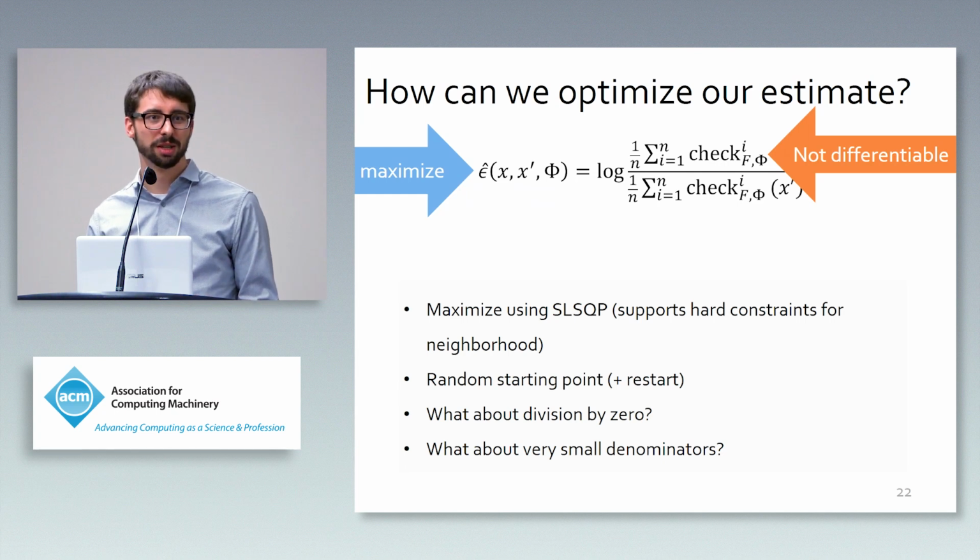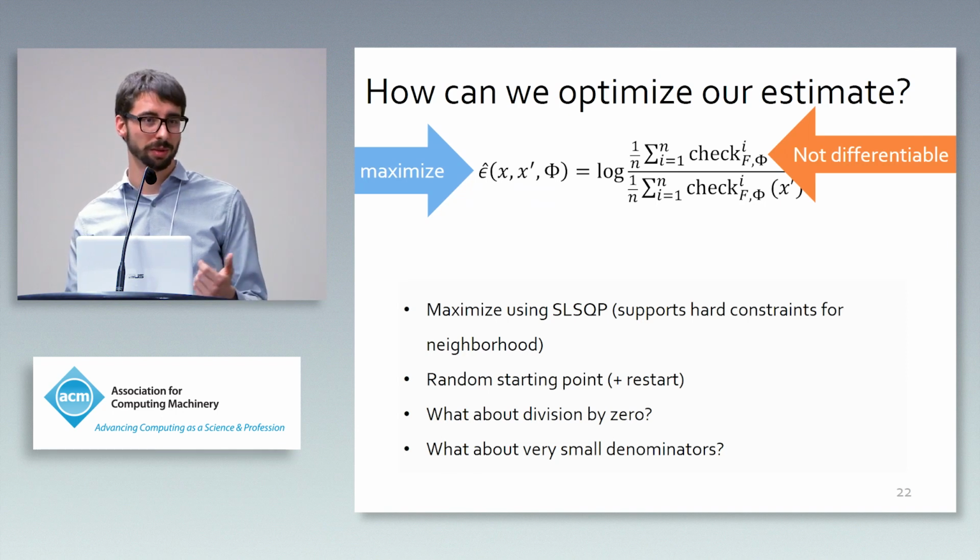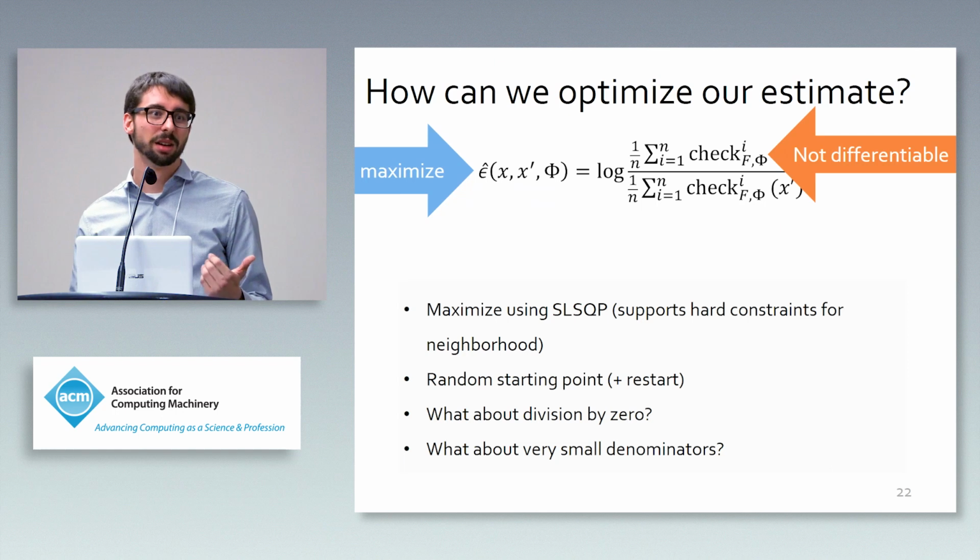If the neighborhood relation is more complicated, then I'm guessing at some point SLSQP cannot express this, and then you're done, right? So what you can do instead in this case is maybe fall back to this other work where you have patterns.